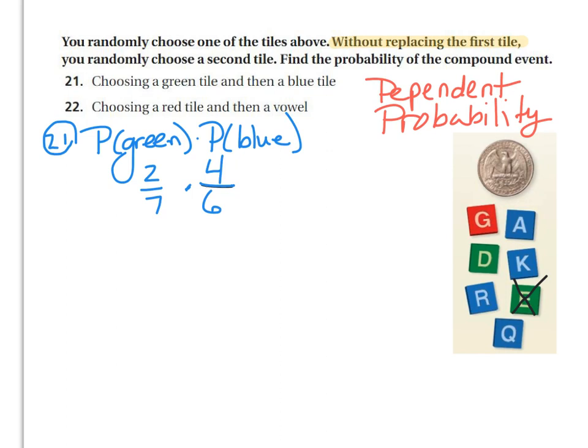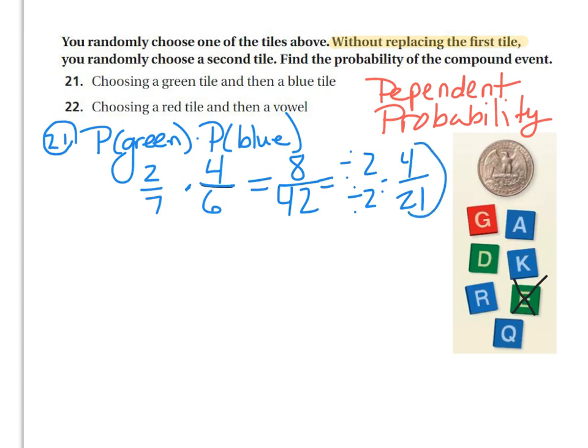Now at this point it's just a simple math problem, and 2 sevenths times 4 sixths, 2 times 4 is 8, 7 times 6 is 42, and you can simplify that, divide top and bottom by 2, and I would get 4 over 21. So the probability is 4 over 21 that you'll pull a green and then a blue.